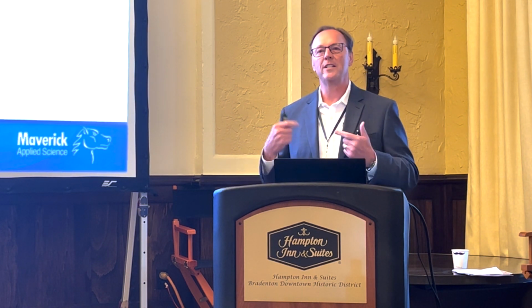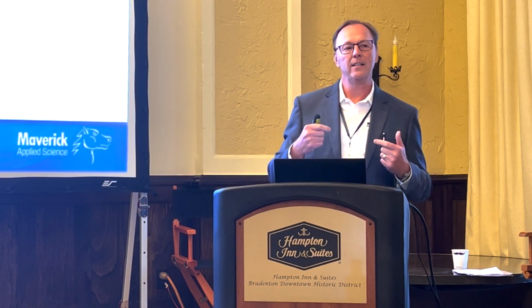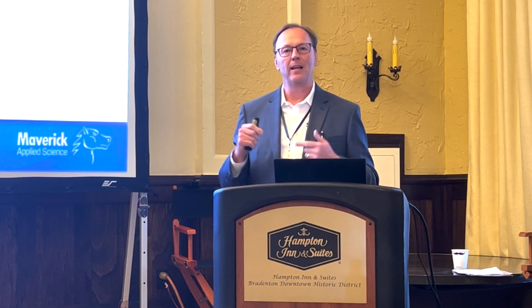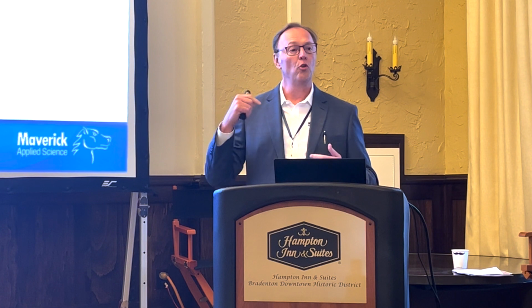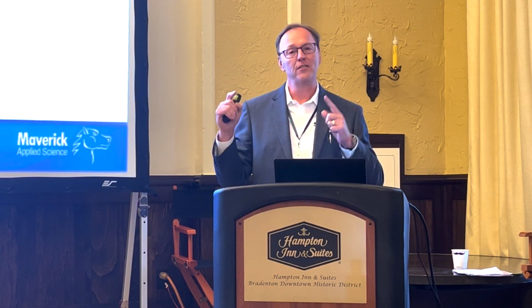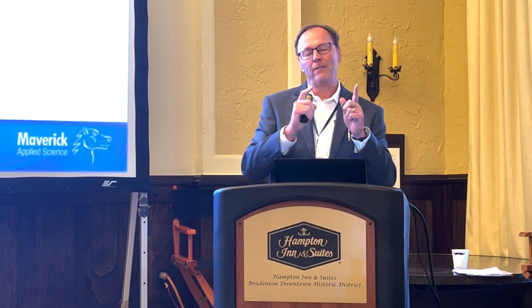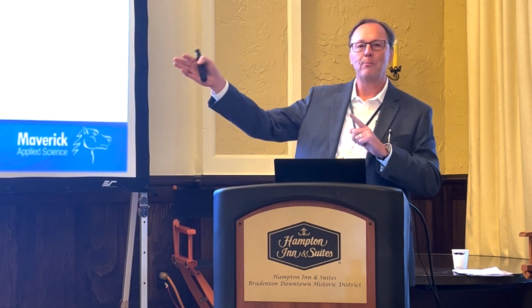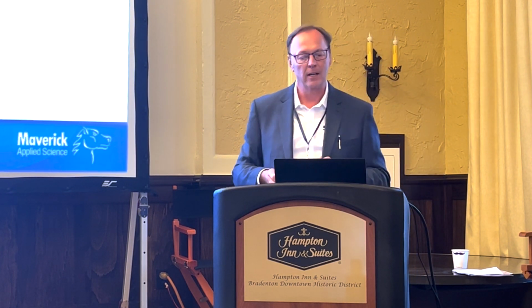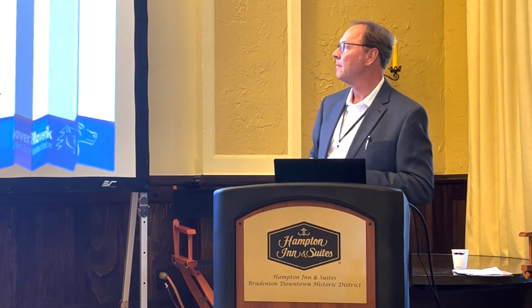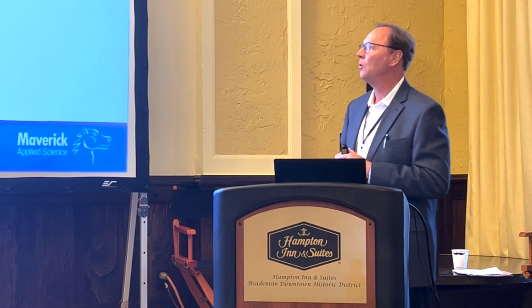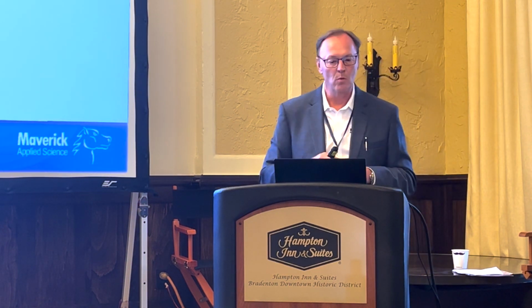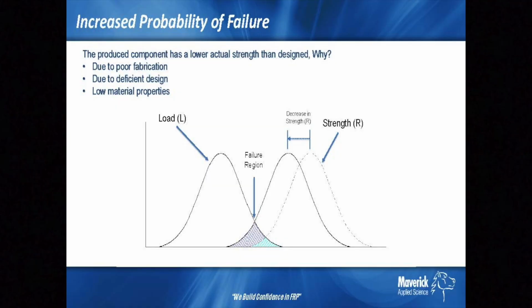But generally, when we see failures, the reality is it's not one thing that causes the failure. It's usually two, or more than likely three things, where you have deficiencies, or two deficiencies lined up with some kind of operational spike. So let's introduce a little bit more. You have reduced components with lower actual strength, maybe due to poor fabrication.